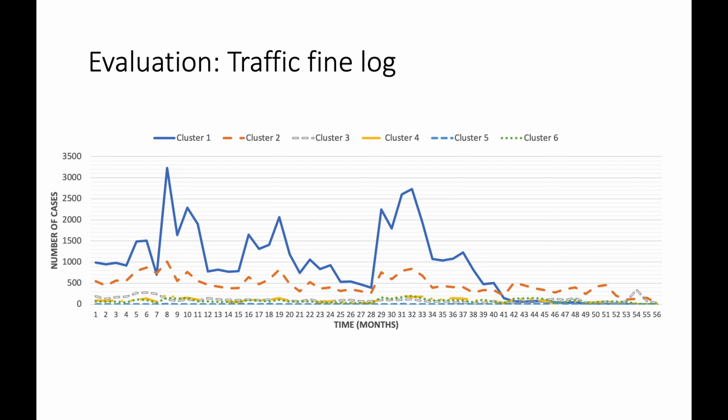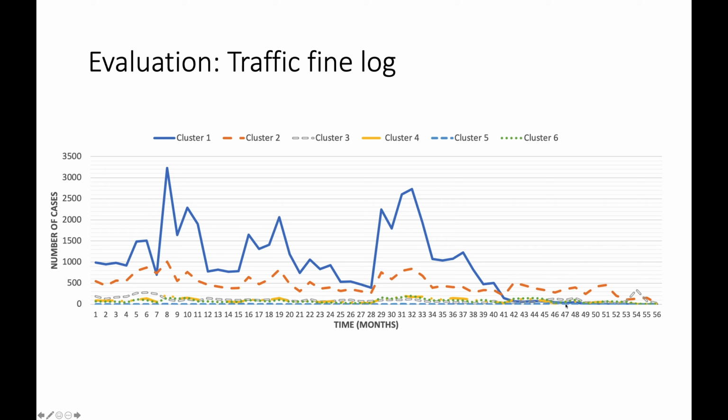Here we can also see many interesting things. First, the number of cases per time, while on the x-axis we still maintain time in months. We can see that, for example, cluster 5 was mostly executed overall; basically all the similar traces in cluster 5 dominated all the other groups, while in month 41 it just stopped executing.